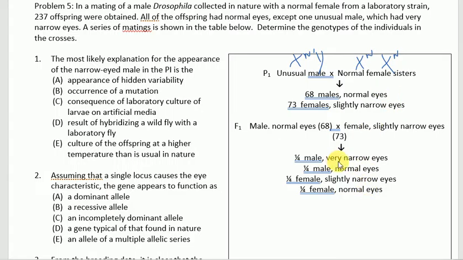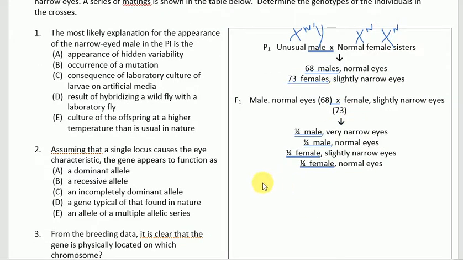So our first decision is just what we just did. Okay? First decision, we know we have normal, N. Second is slightly narrow, and we're going to do N prime.